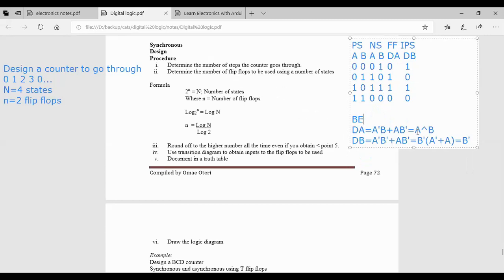I want you to get this very clearly. You can even just put them down. DA is equal to A XOR B, and DB is equal to B bar. Put them down so that when I'm drawing the diagram, you can check what happens.